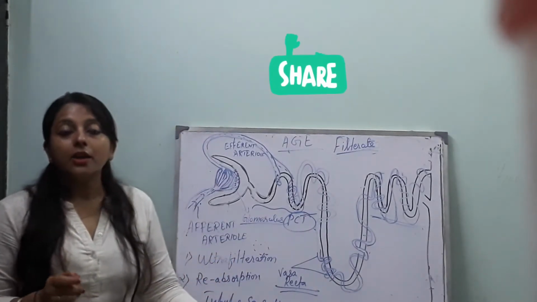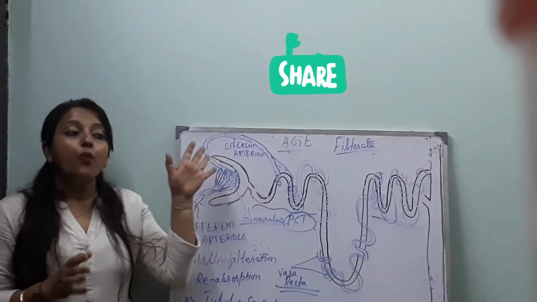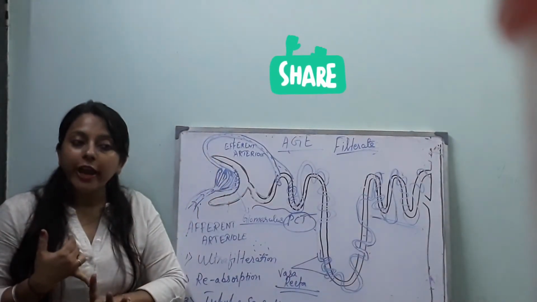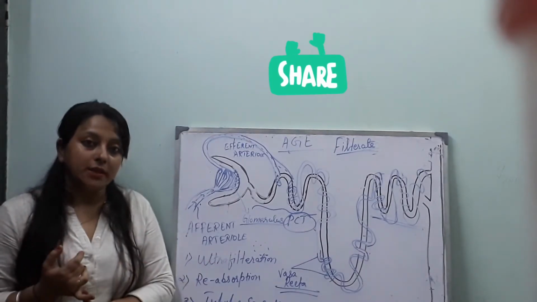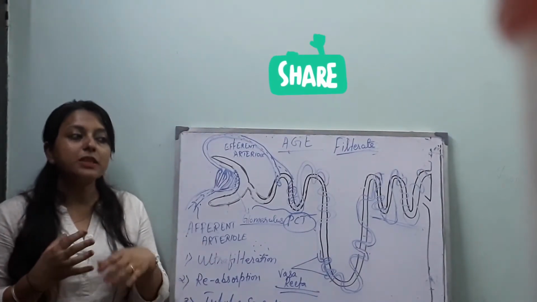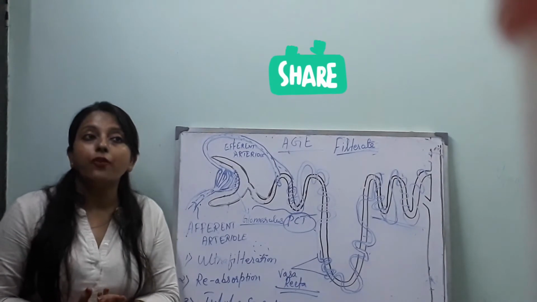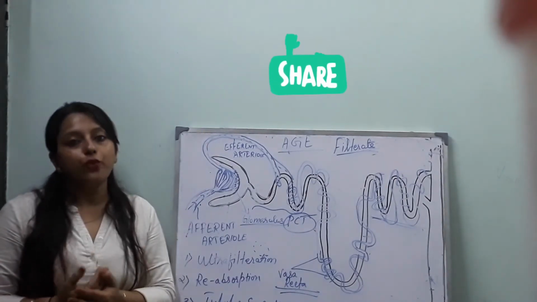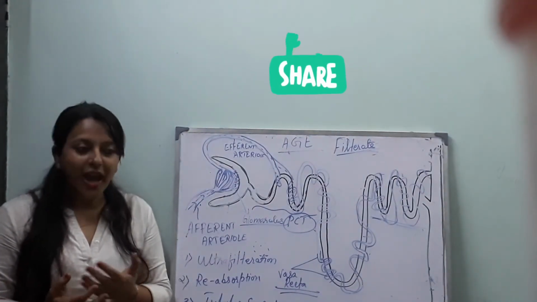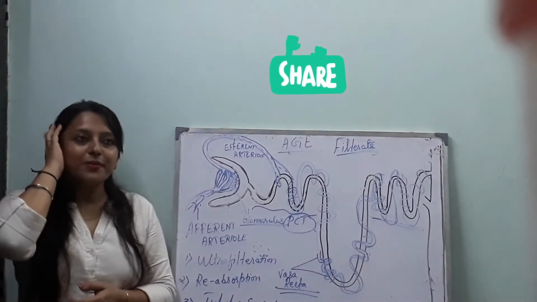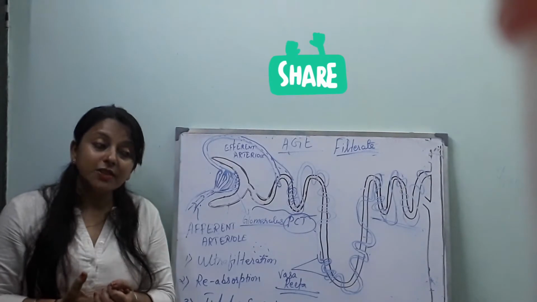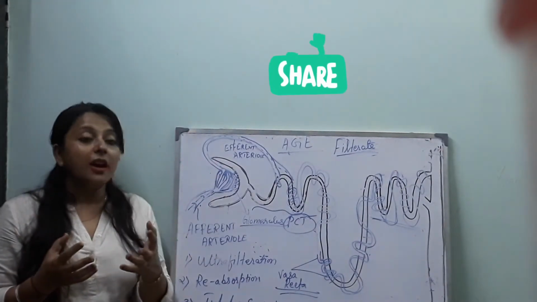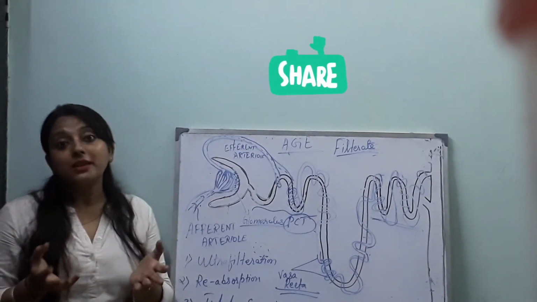Students, you should know that around 125 milliliters of filtrate is formed per minute inside our body. That means 180 liters in 24 hours. I know you become shocked. We are not removing 180 liters, which would be 18 to 20 buckets of water.